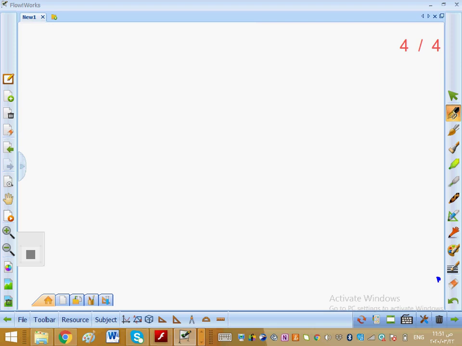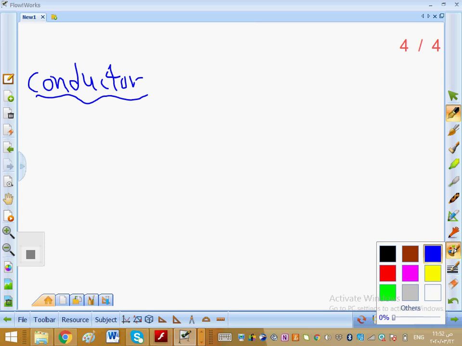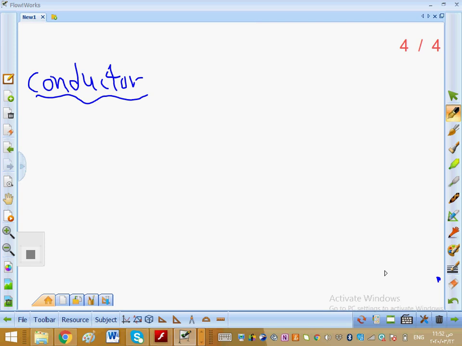So we said electric conductor, so conductor means what? A conductor is a material that allows electric charges to flow through it easily. As I said, like heat, we can define conductors. Instead of heat, you can say electric charges.